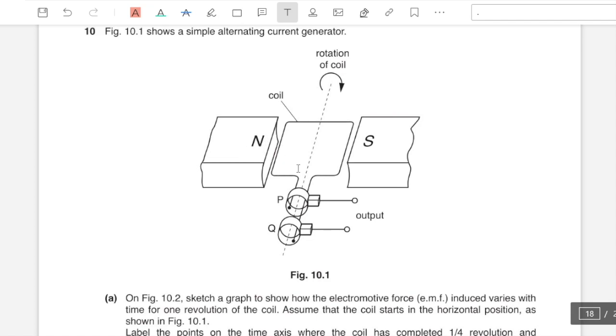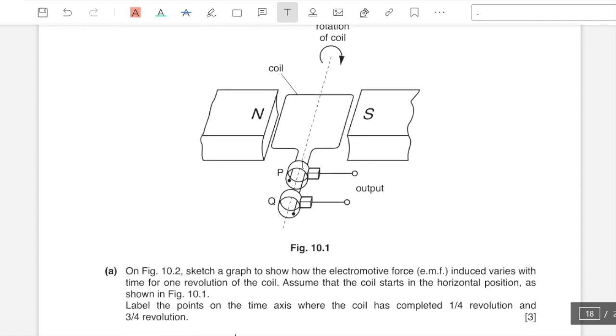So once again, when it's in this horizontal position, it cuts the most number of lines between this magnetic field, so it reaches the highest possible EMF that it can induce. And then again, half of the cycle is repeated, so it turns from horizontal to vertical, completing three-quarters of the cycle.